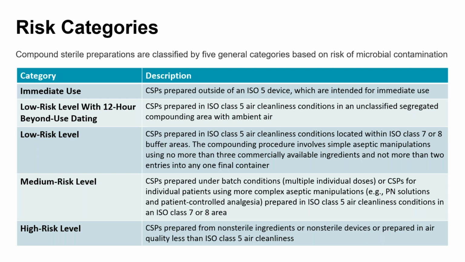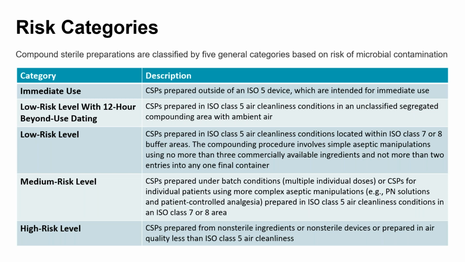Then low risk level with 12-hour beyond use dating: prepared in ISO Class 5 air cleanliness conditions in an unclassified segregated compounding area with ambient air. So if your room is not fully certified, you're able to do this low risk level with 12-hour beyond use dating until you obtain your full certification.